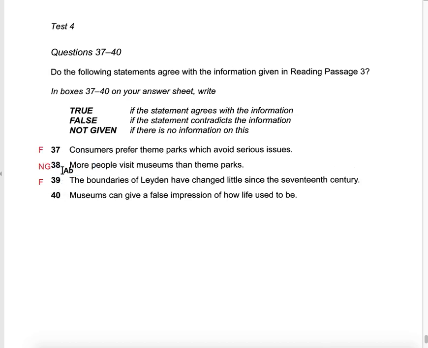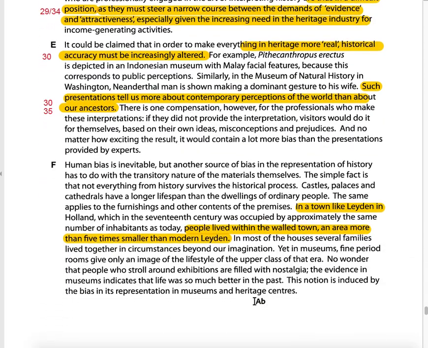So why 39, 38? So again, 39 is here. It says Leiden before was 5 times smaller than modern Leiden. So modern Leiden is 5 times larger, which means it has changed a lot, okay?